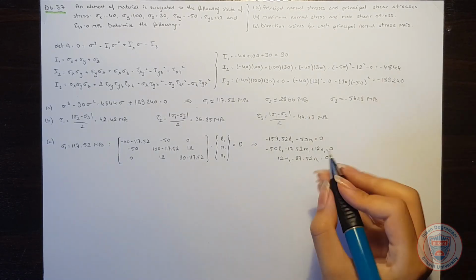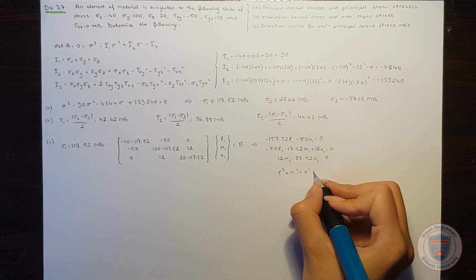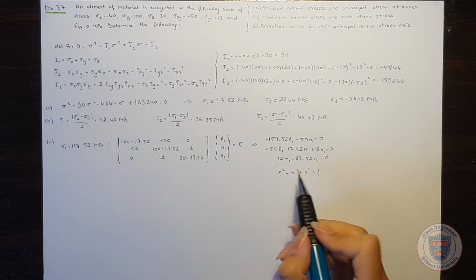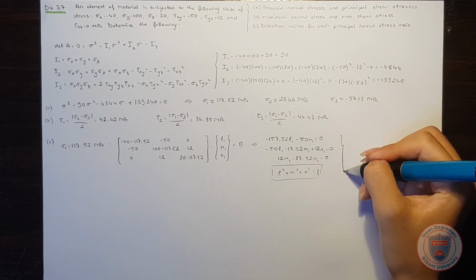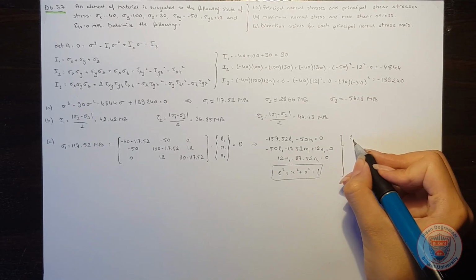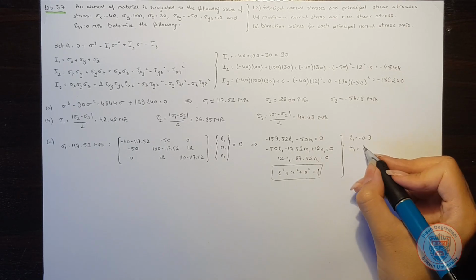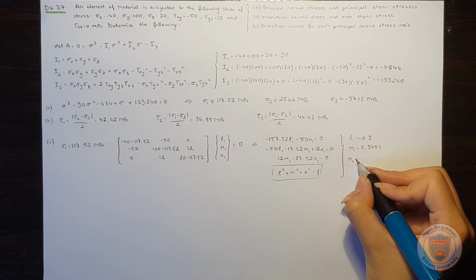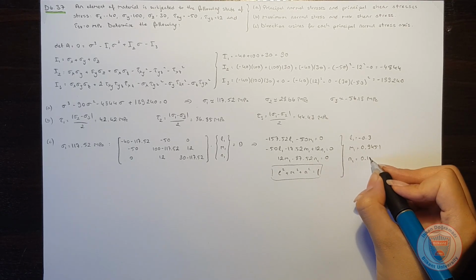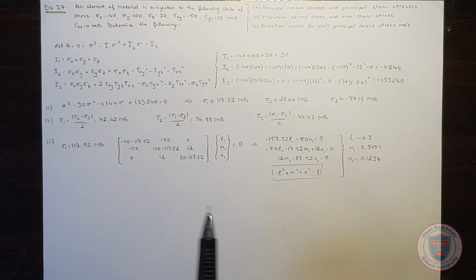And don't forget that L square plus M square plus N square will be equal to 1. This is important. So when we solve this system, we will obtain L1 is equal to minus 0.3, M1 is equal to 0.9451, and finally N1 will be 0.1296. We will follow the same procedure for sigma 2 and sigma 3.